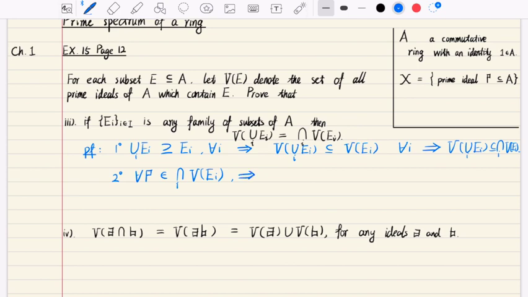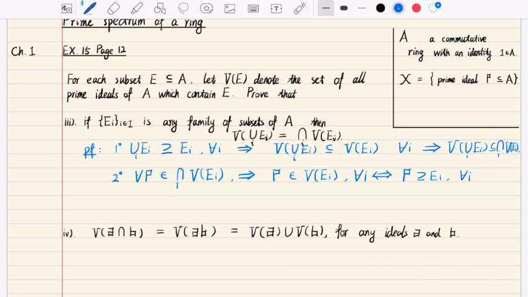The first step is, because P belongs to the intersection, P must belong to V(E_i) for each i. And then by the definition, P contains each E_i.